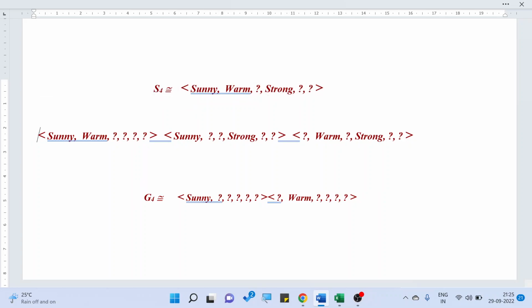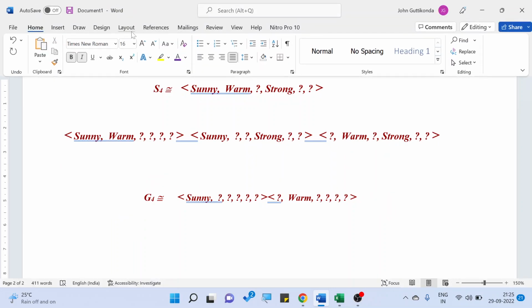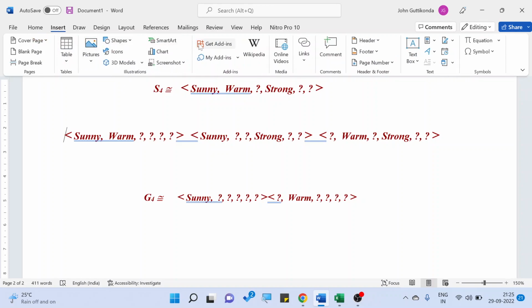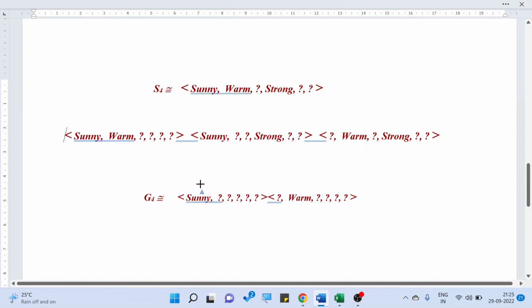In between we can indicate it with an arrow mark. Actually, because this is more specific.